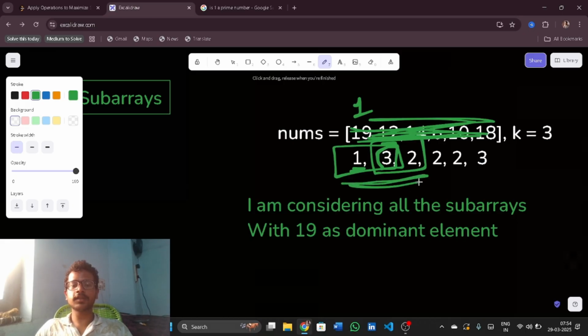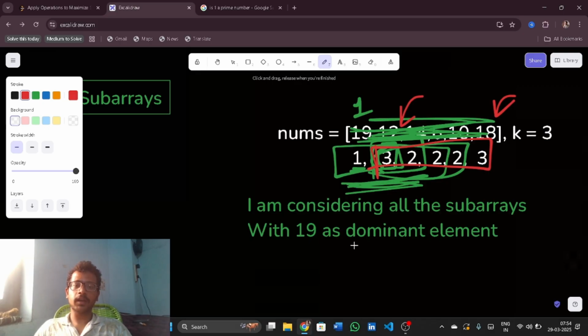Now I can also consider this subarray, this and then this. Sorry, till here only I can consider, but not till here. But why? If I consider the subarray having this, then I would be confused whether to take this index and multiply for the subarray number of times or take this element.